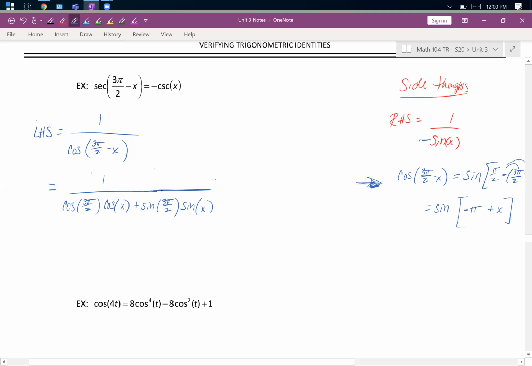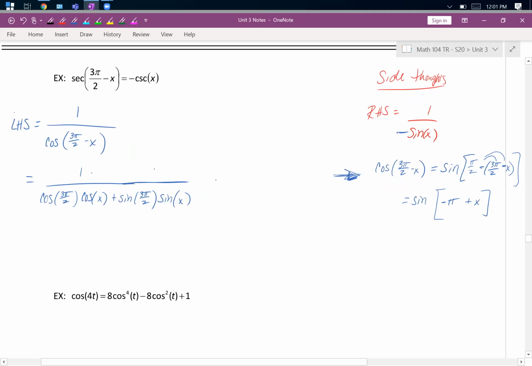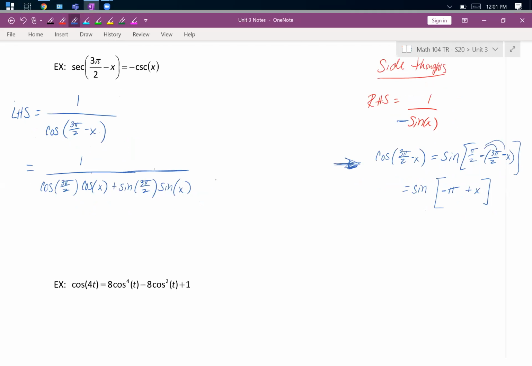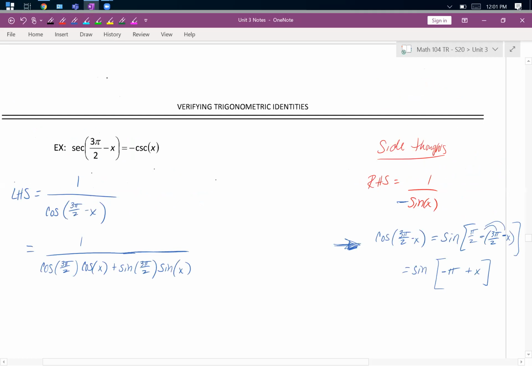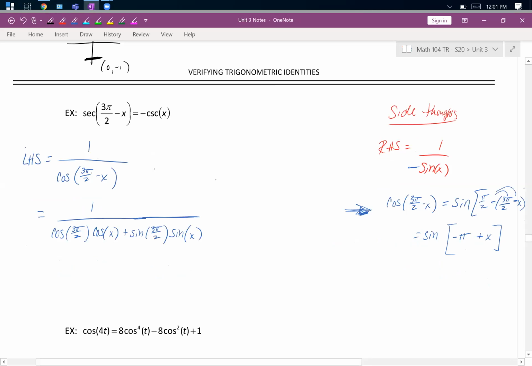So let's think about what is cosine of 3 pi over 2. 3 pi over 2 is down here. Our cosine value is 0. So this becomes 0, and when we times 0 by anything, it wipes it out for us.